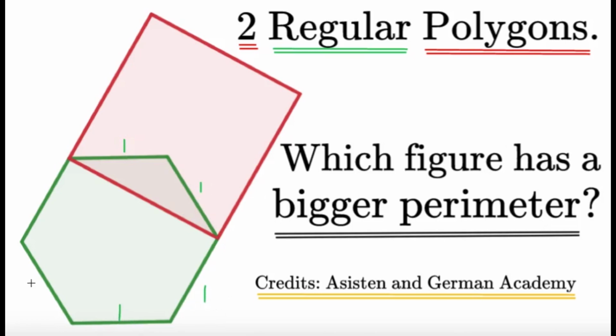With this, we can try to make some observations, and hopefully we get the side length of the square, and we can get the perimeters that way. The first thing to notice is this triangle over here, the common region of the two.